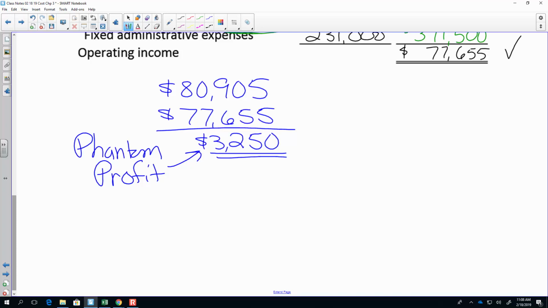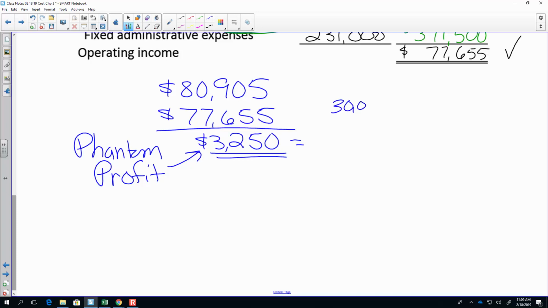The fixed, right? Remember we took 30,000 times 250 on the variable statement? And in reality, what did we do on the cost of goods sold? Jade said the fixed was in the cost of goods sold. We only took $2.50 times what? 28,700 units. So in reality, where is my fixed overhead? It's being kept in inventory rather than being expensed. So guess what? What's the difference between sale units and produced?